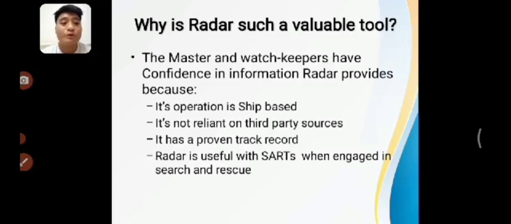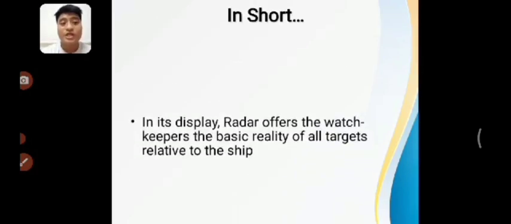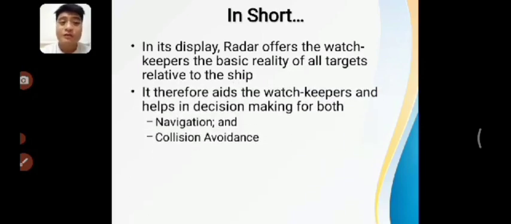It has a proven track record. Radar is useful with SARTs when engaged in search and rescue. In short, in its display, radar offers the watchkeepers the basic reality of all targets relative to the ship. It therefore aids the watchkeepers and helps in decision making for both navigation and collision avoidance.